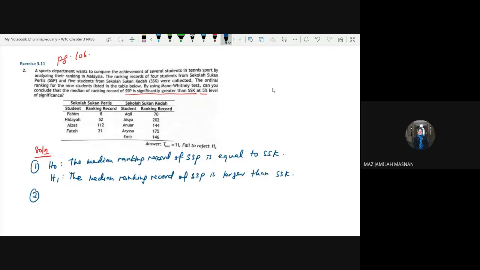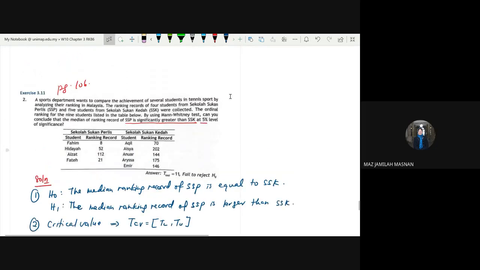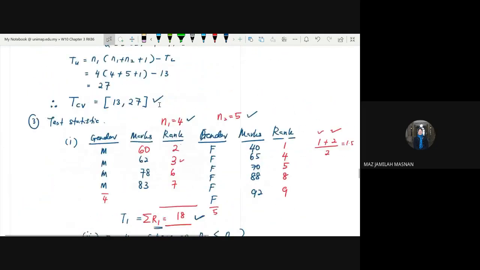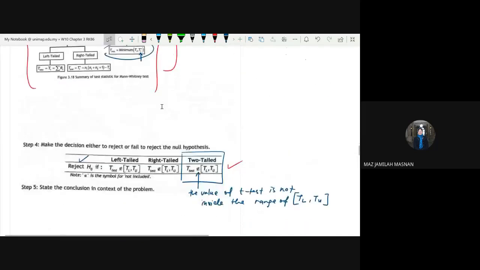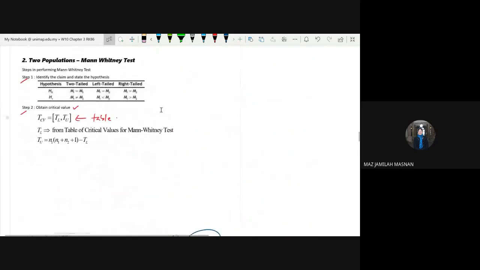Second, find the critical value. So the critical value will be TCV, T lower and T upper. Now, we are dealing with a right tail test, so just follow everything as you have.